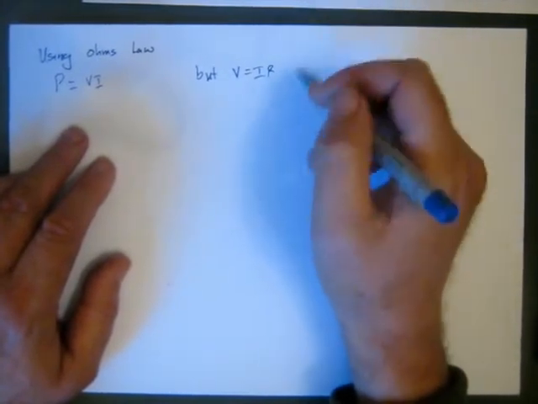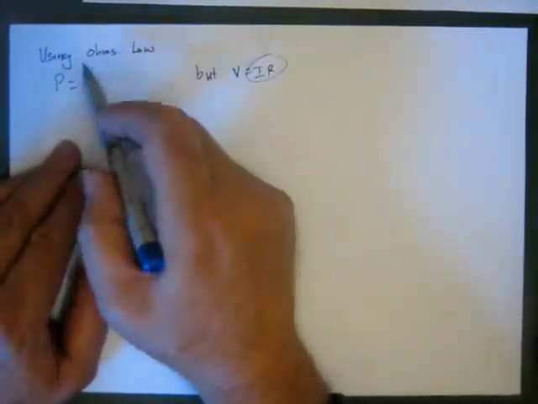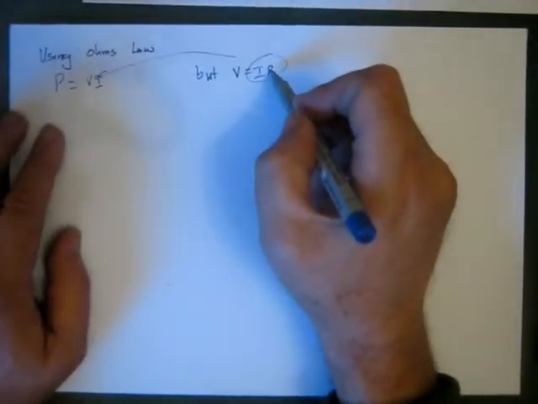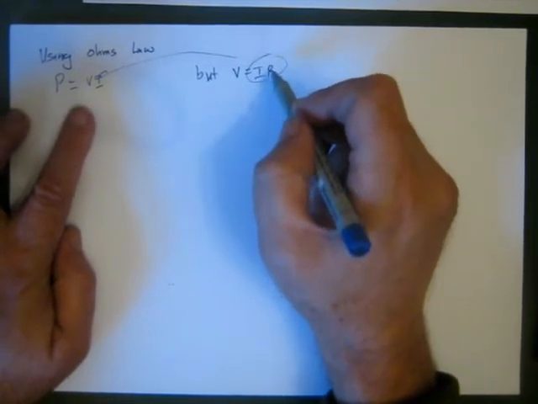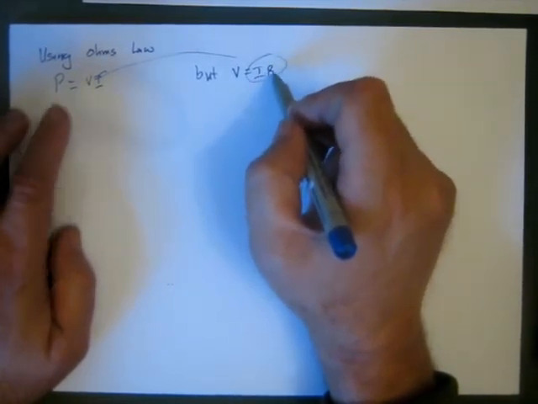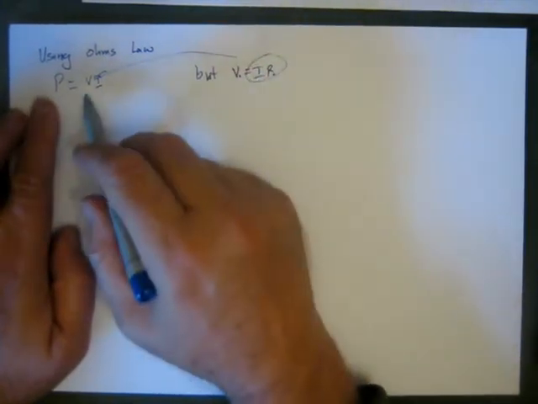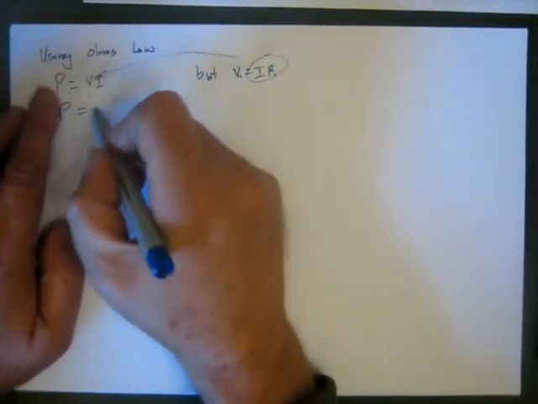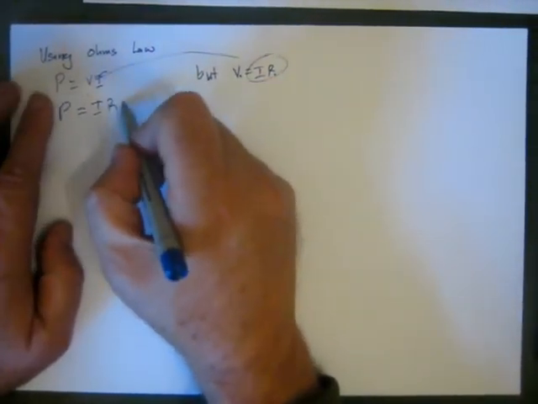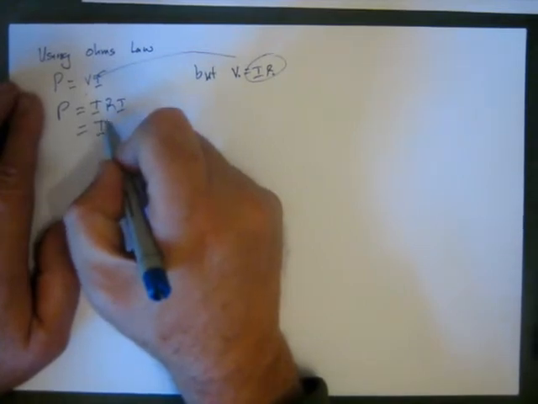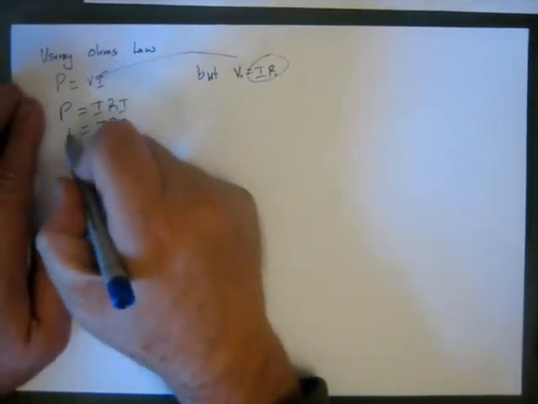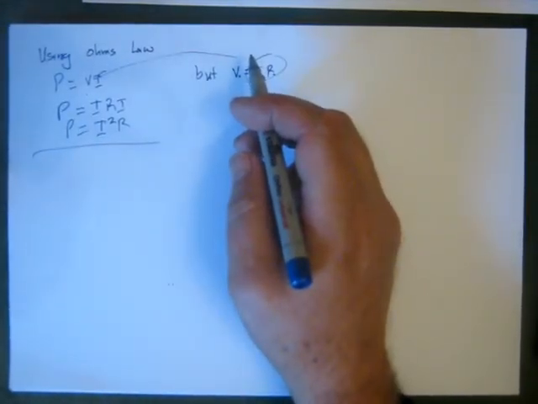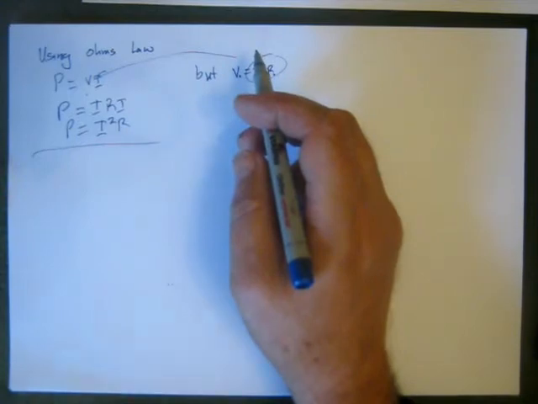So what I can do is substitute this in. Anywhere it says V, I can replace that with IR. So P equals I times IR, which is equal to I squared R. That's actually quite a useful conversion to know if you're trying to figure out how much power you're drawing and you know how much current you're shoving through something.